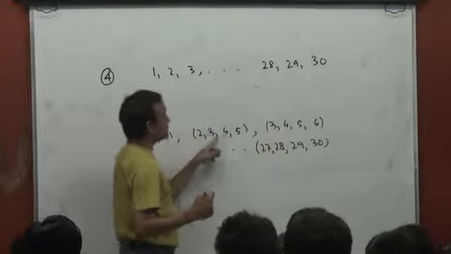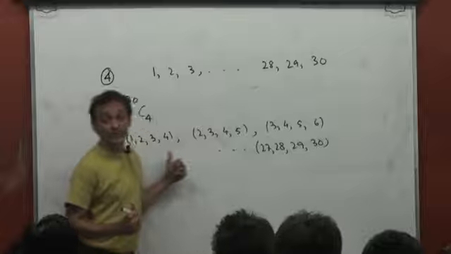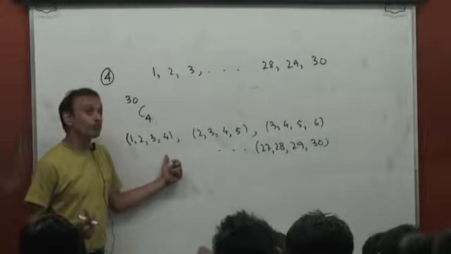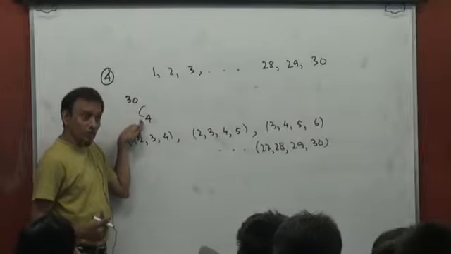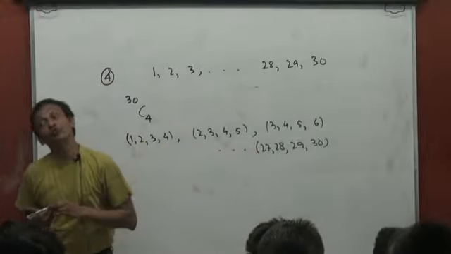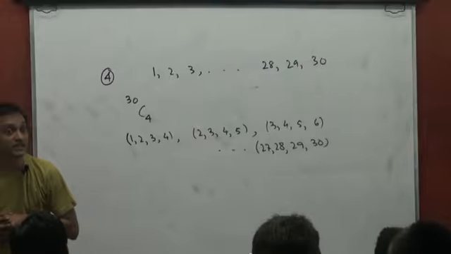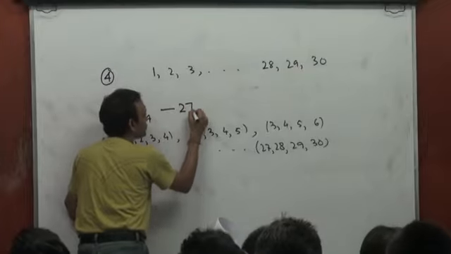So these are the number of subsets with 4 consecutive elements. How many ways can I select 4 consecutive elements? 27. Total selections are 30C4. Out of these 30C4, there are 27 ways of selecting 4 consecutive numbers. So subtract 27 from 30C4.